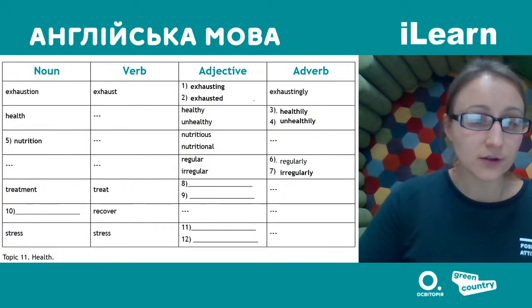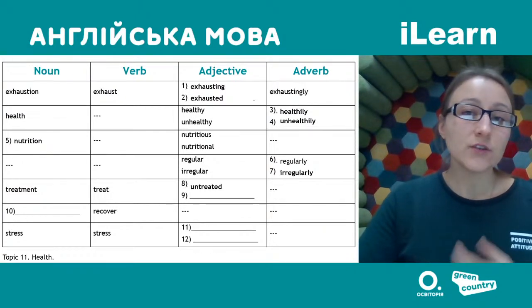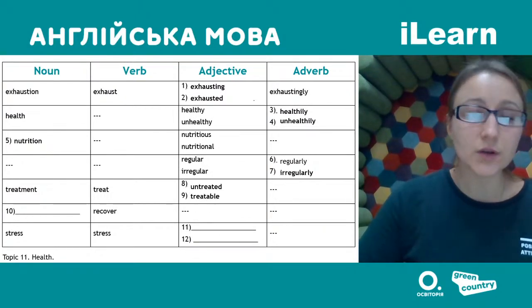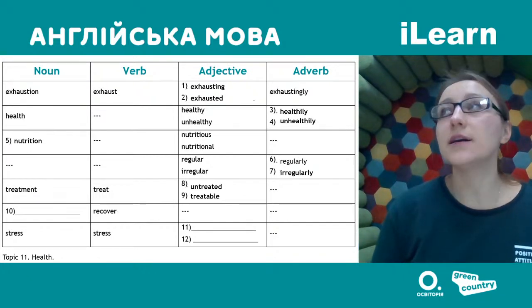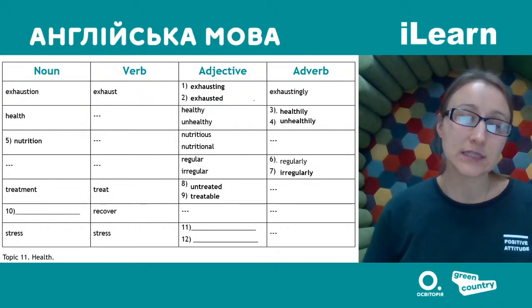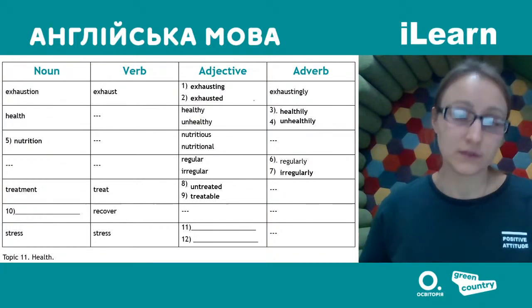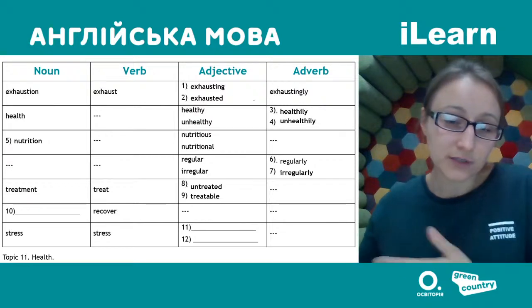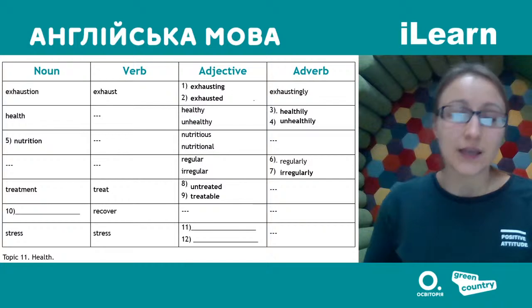So, but if we talk about treatment, like medical treatment, we can use adjectives like untreated or treatable. So what do they mean? Untreated, it means to leave some diseases untreated. Тобто залишити якісь хвороби, непролікованими. Да? От непролікована хвороба призведе там до ще чогось. Yeah? So we say untreated.